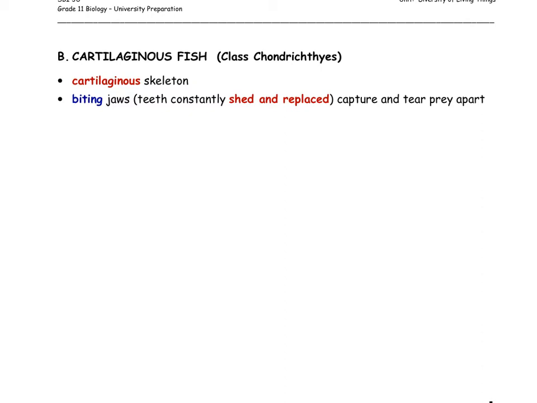Let me see if I can just pull up a browser and see if I can look up shark teeth or shark jaw and teeth. Let's see what we can find.